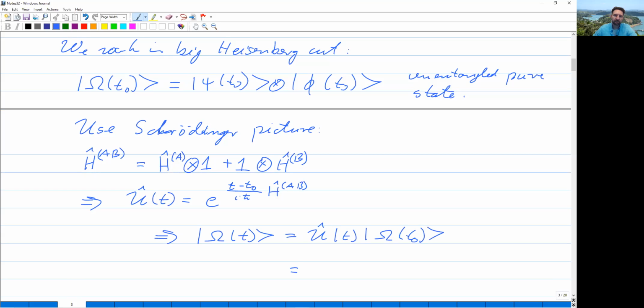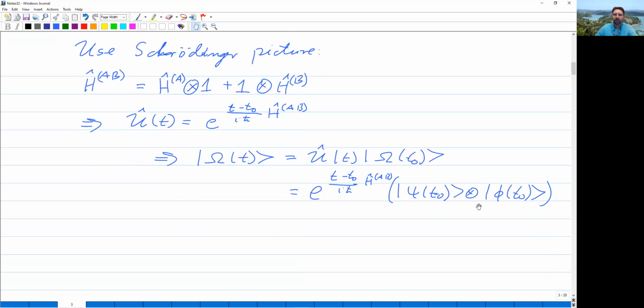So this is e to the power of (t minus t naught) divided by i h bar, and then H hat of system AB acting on psi of t naught tensor phi of t naught. This is an operator that acts on the entire Hilbert space, and all of this is acting on the Hilbert space in which this state lives.